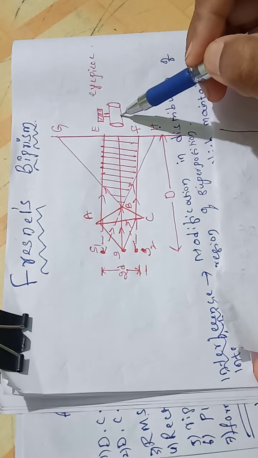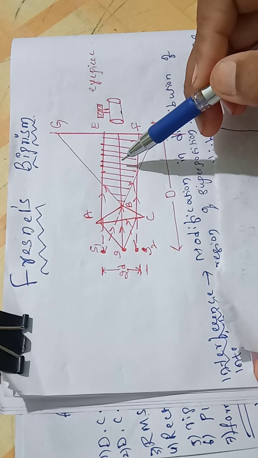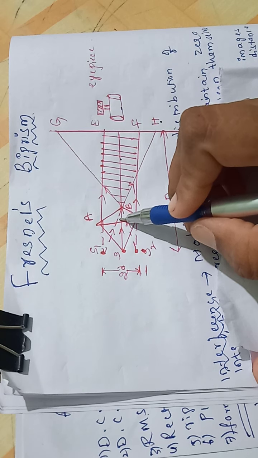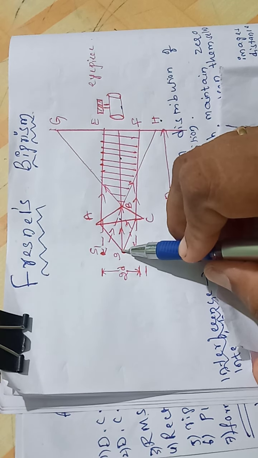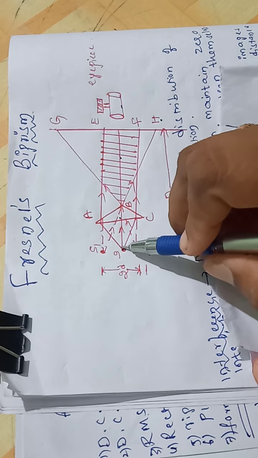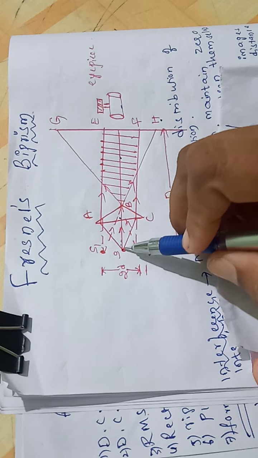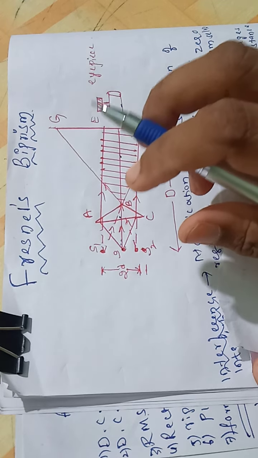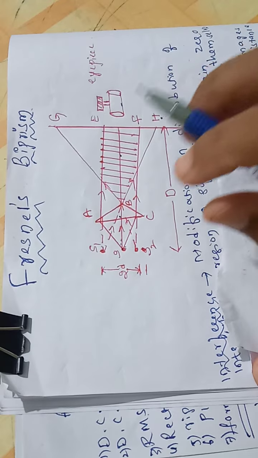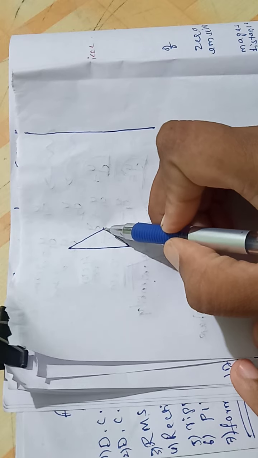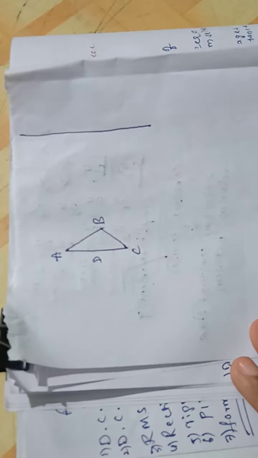This is the eyepiece through which we see the interference pattern. This is the biprism and this is the monochromatic source. Here we are using a sodium lamp. Now when a wavefront is incident on this biprism, let this be A, B, C, and this be some D.